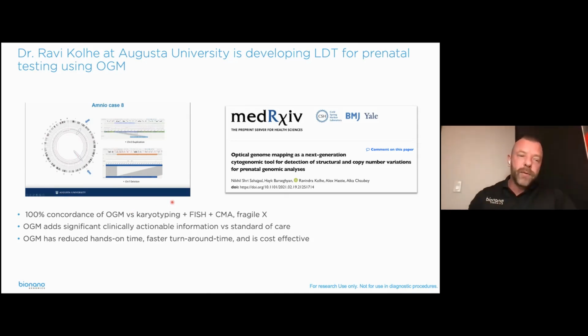But on top of that, Sapphire also added significant new clinically actionable information, which really means variants missed by these standard methods. And on top of that, Sapphire has a reduced hands-on time, faster turnaround time, and is cost-effective. There's also a commentary on prenatal testing that just came out in medRxiv, so have a look at that.